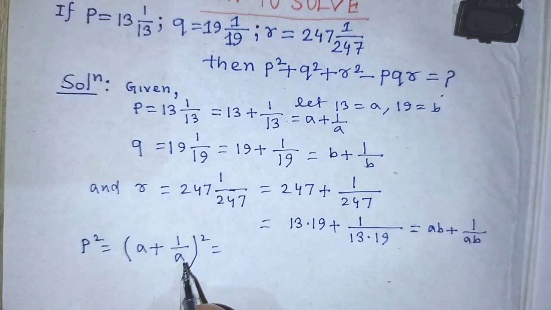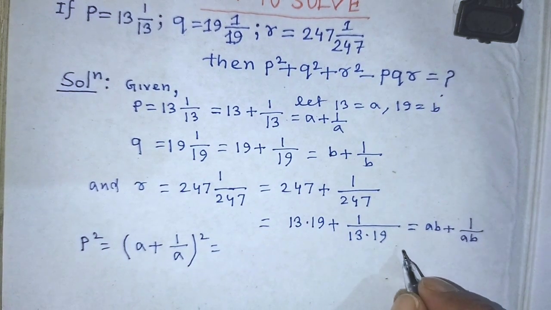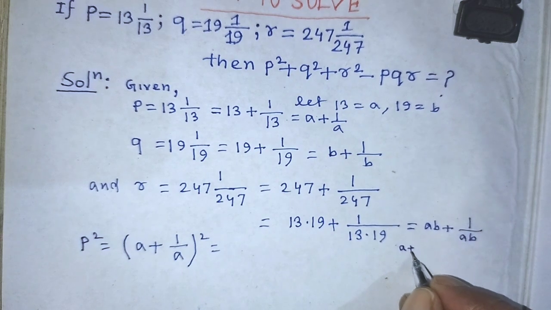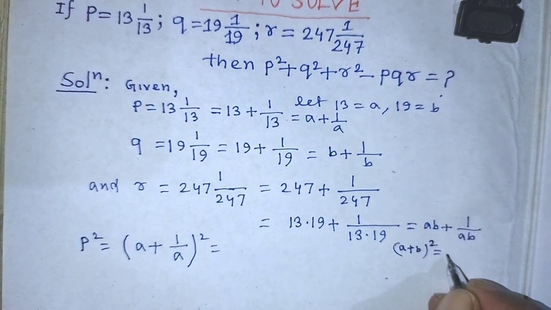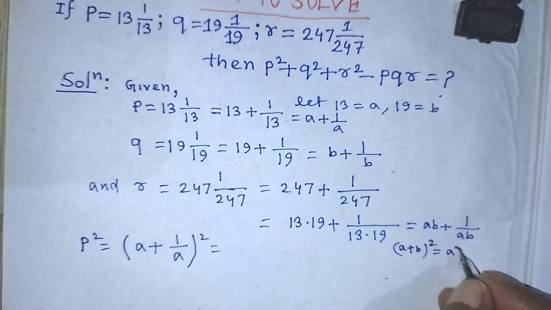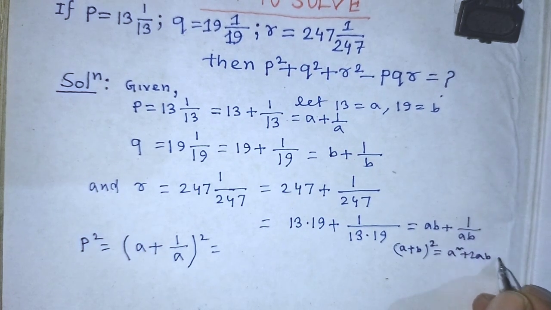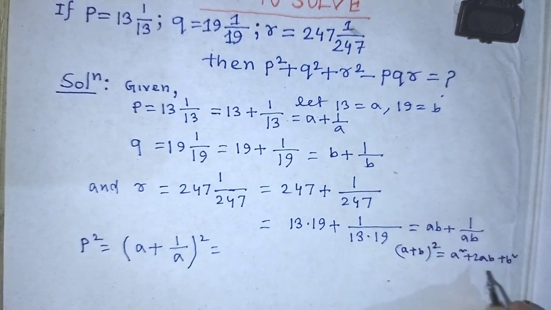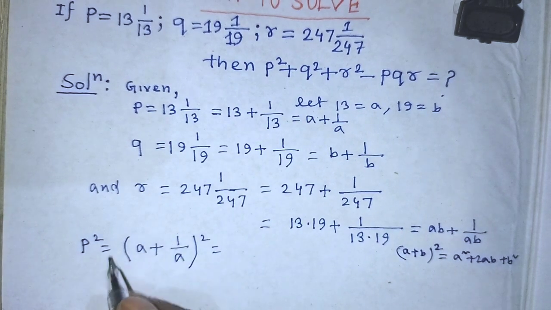So student, now to simplify this algebraic expression, we have to apply the formula A plus B whole square is equal to A square plus 2AB plus B square. So this formula we have to apply on the right hand side of this equation.